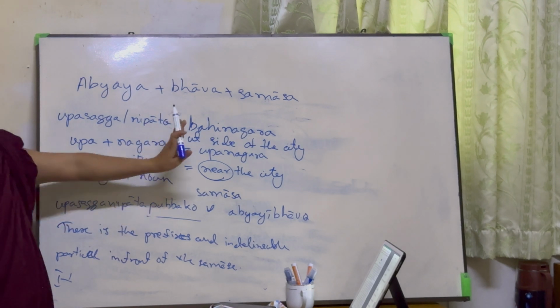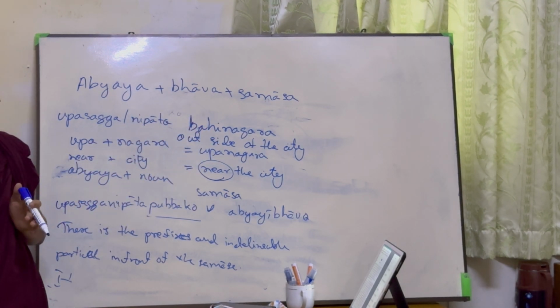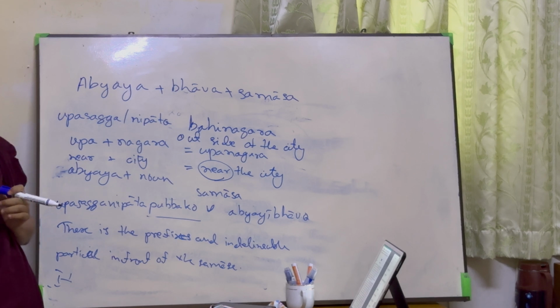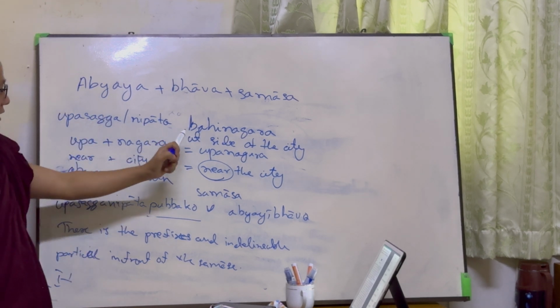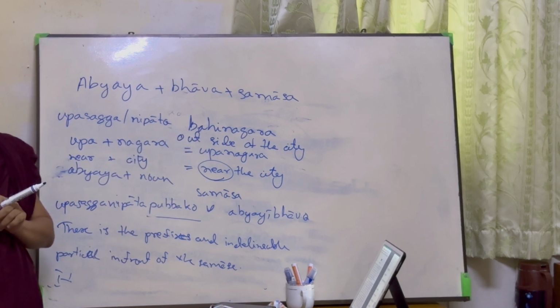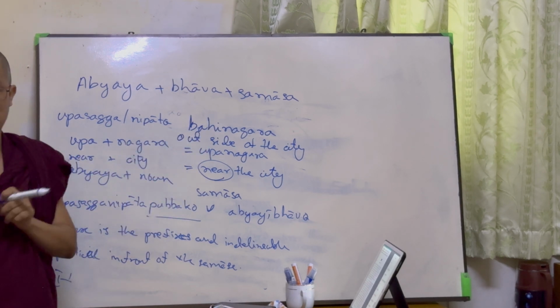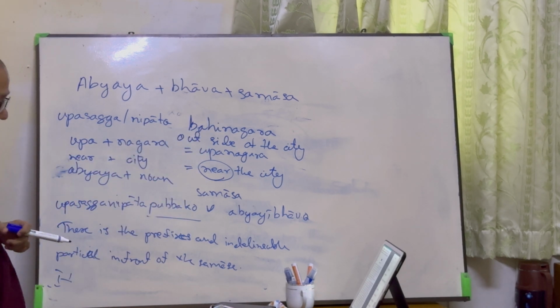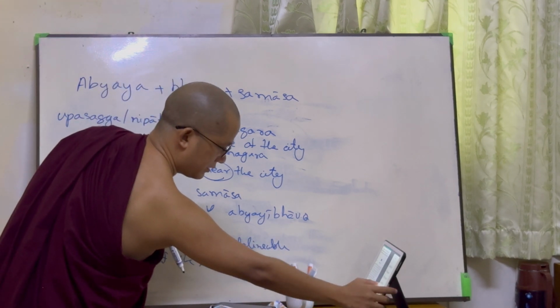Okay, this is one grammarian's opinion. But we are staying with the Abhyayibhava Samāsa. Bahi is the Nipada. Because Bahi is the Nipada, we call this the Abhyayibhava Samāsa.